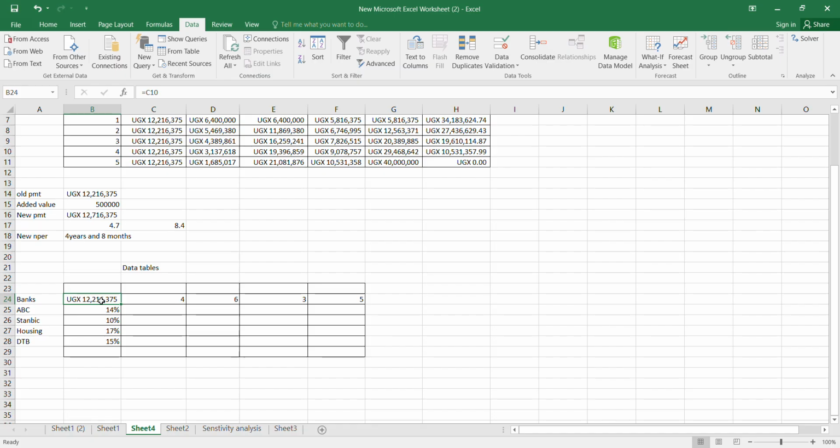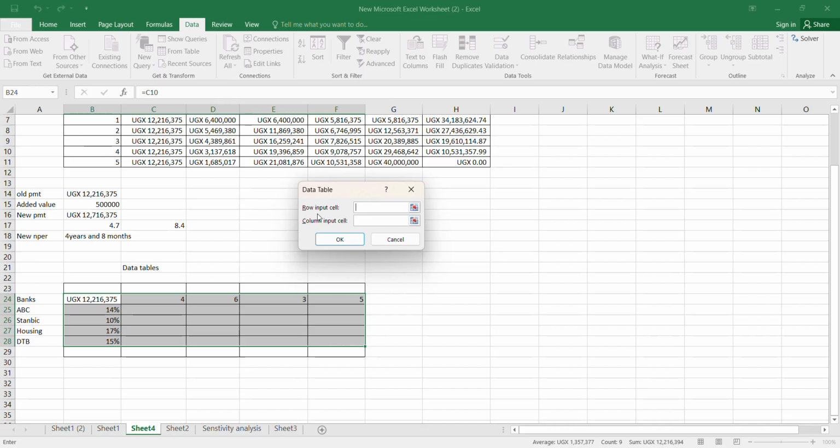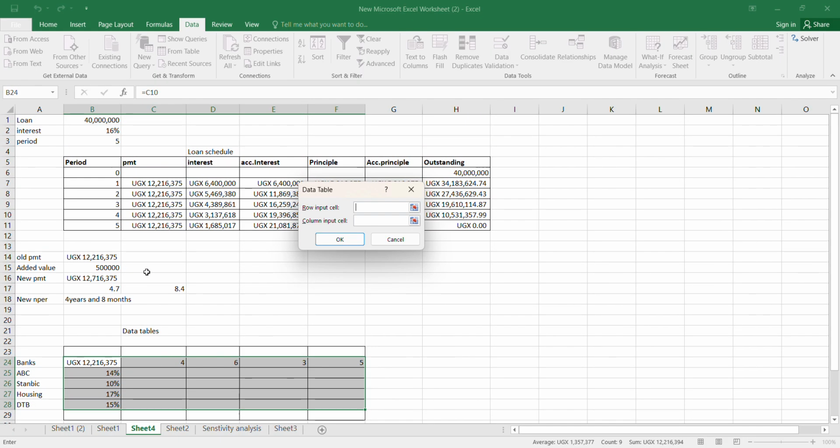So remember, data tables work with rows and columns. So we shall highlight the whole of this. We go to the data tab here, what-if analysis, data tables. So this will ask us the row input cell. What is in our row? If you look at this, what's in our row is the NPER, the one we are using, and in this case, for this bank, we have been using 5.